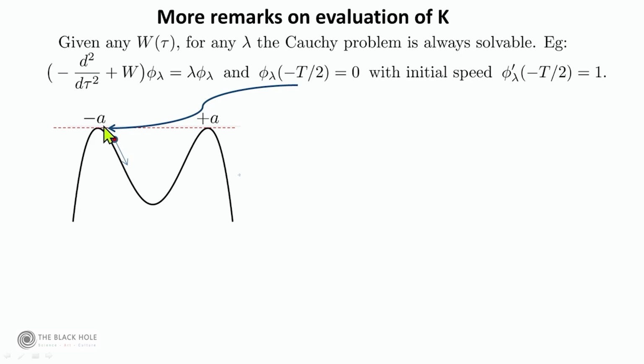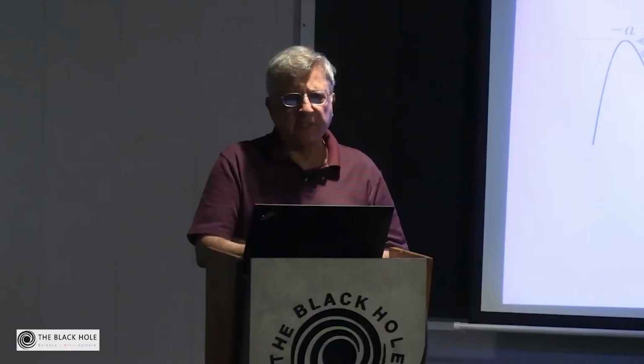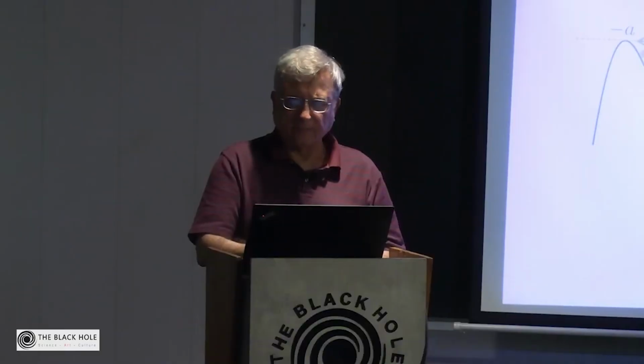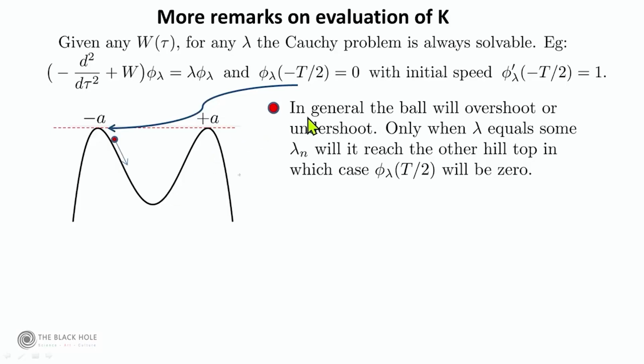So you start from here, and the ball starts rolling. You can always solve this problem. It's a deterministic problem. Okay, in general, if you start with some speed, this ball will roll. Maybe it'll come here, and then it'll roll back to where it was.